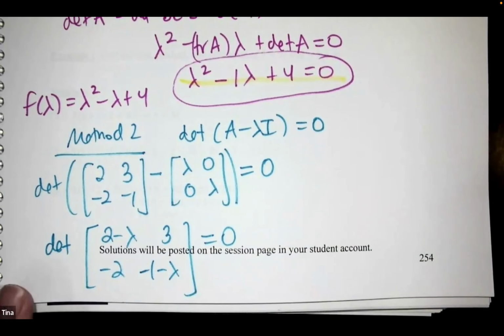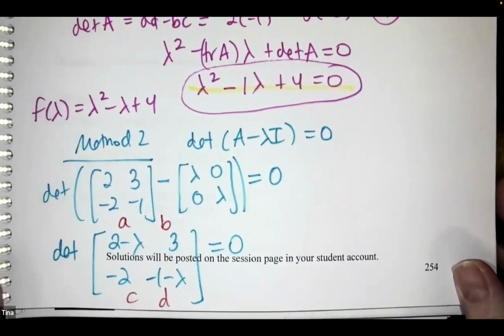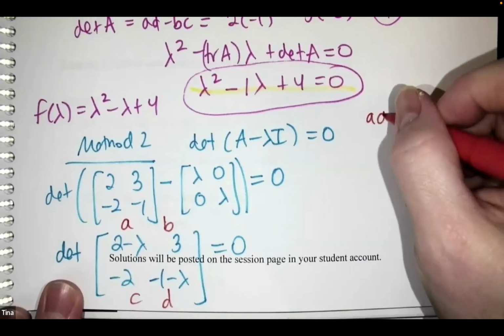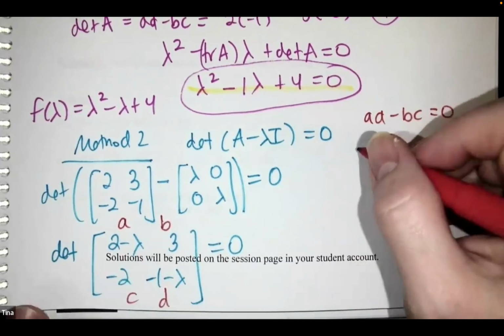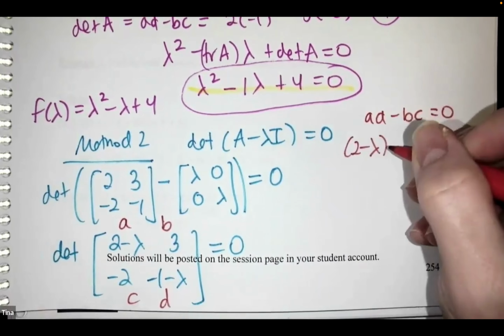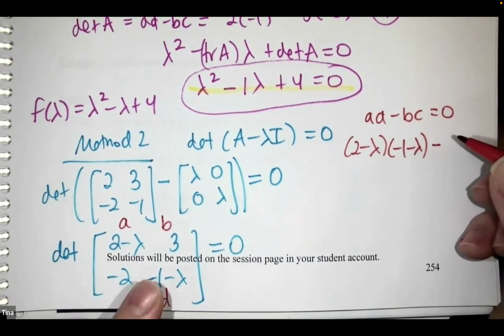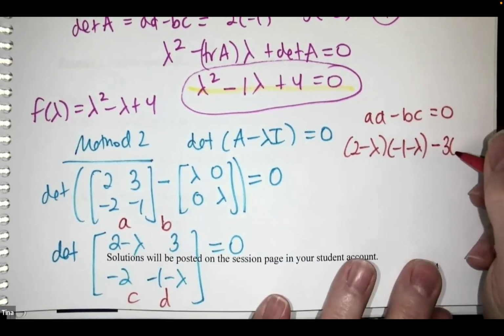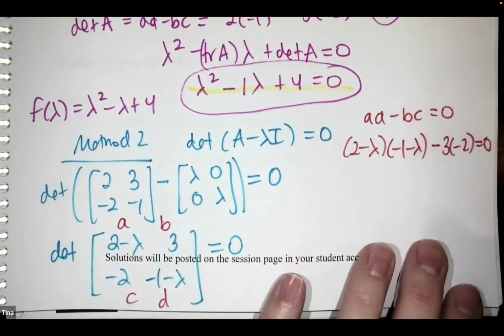Now, of course, we all know that the determinant of a 2 by 2 is going to be AD minus BC. And so we get AD, so 2 minus lambda times negative 1 minus lambda, minus BC, 3 times negative 2, equals 0.